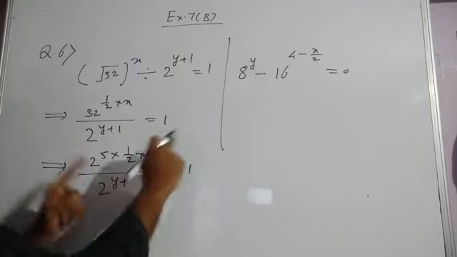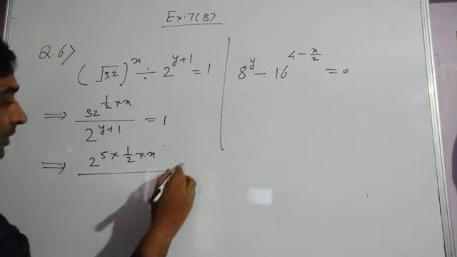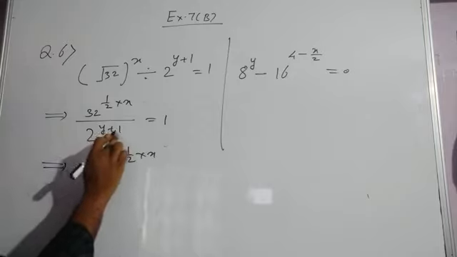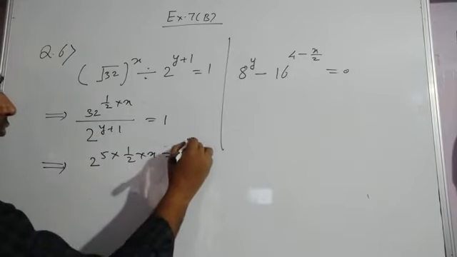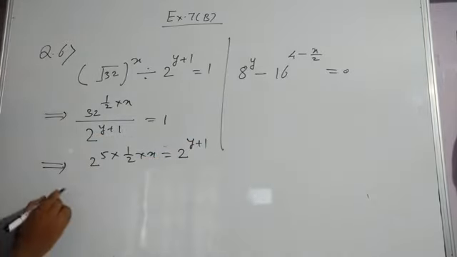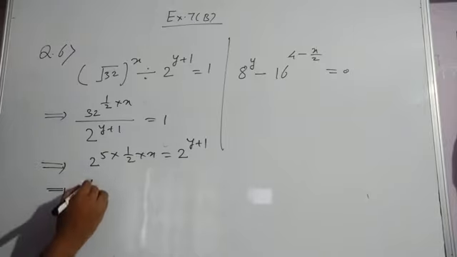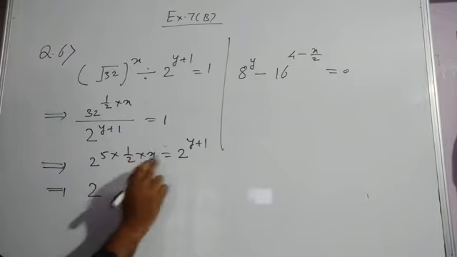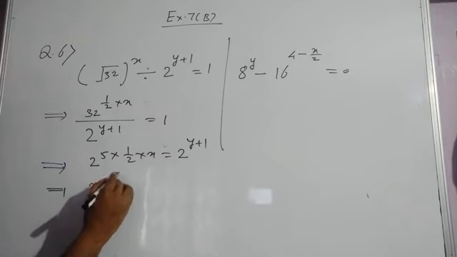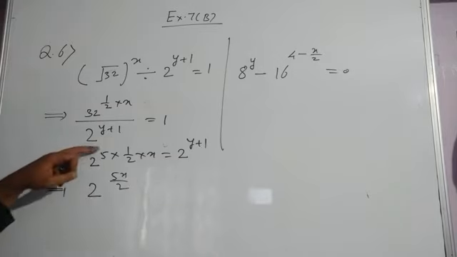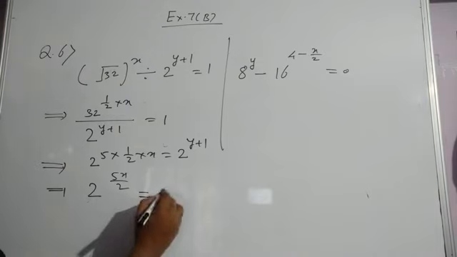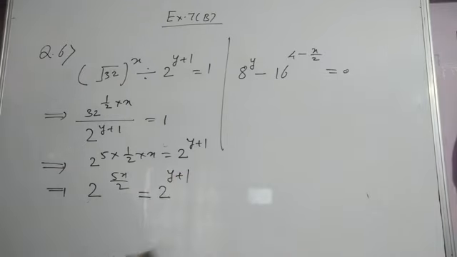Is it okay if I shift this to the other side? So this 2 raised to y plus 1 will be multiplied here, so it will be 2 raised to y plus 1. Isn't it? 1 into anything will be that anything only. Now it will be 2 raised to, it's all multiplication, 5x upon 2. 5 into 1 into x is 5x upon 2, as it is equal to 2 raised to y plus 1.